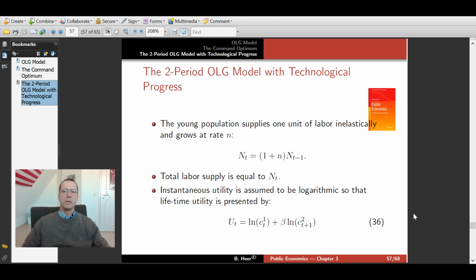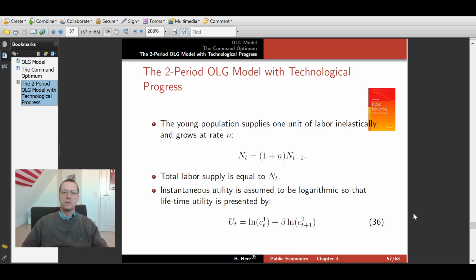We assume that only the young generation, the young cohort, is working, supplying 1 unit of labor, so let's say 40 hours a week, and total labor supply is therefore equal to the number of young people. In the first period, the household consumes C^1_t. In the second period, when they are retired, they consume C^2_{t+1}.